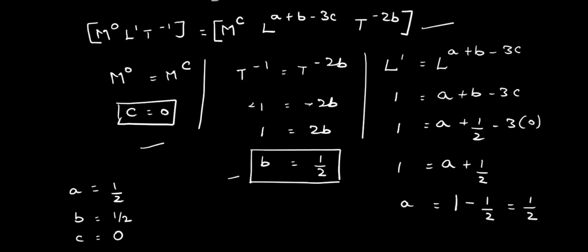For mass it is 0 in the LHS, and in the RHS we have C, so the power C will be 0. Then for length we can't do it because there are two unknown quantities, so we move on to time, in which we can find B. So B is 1 by 2. Now that we have two terms, we can find the third term, which is A, in the length. So A is equal to 1 by 2.